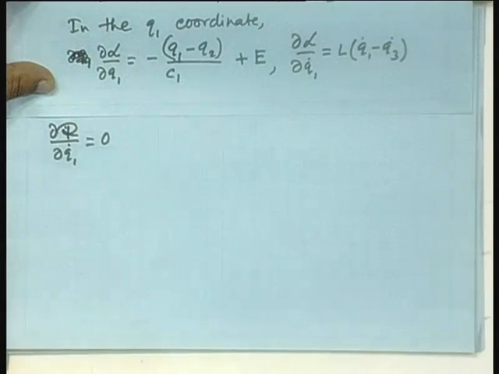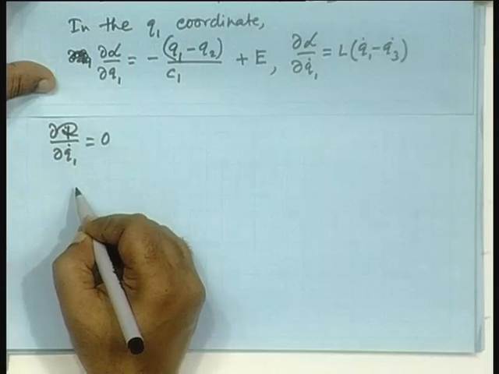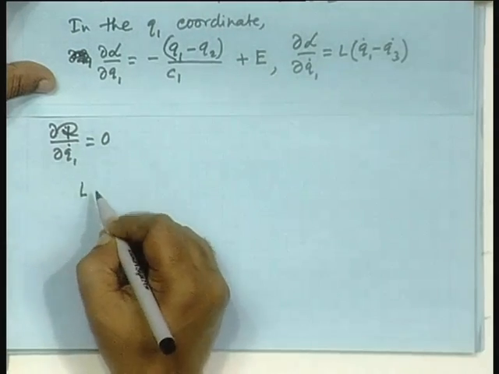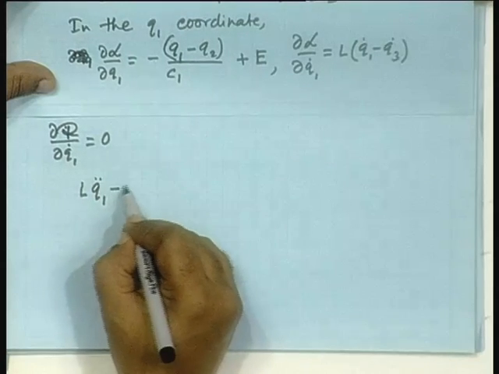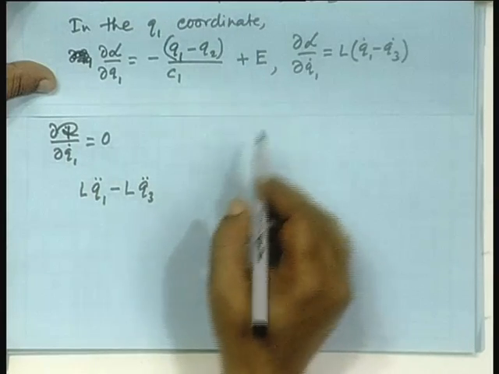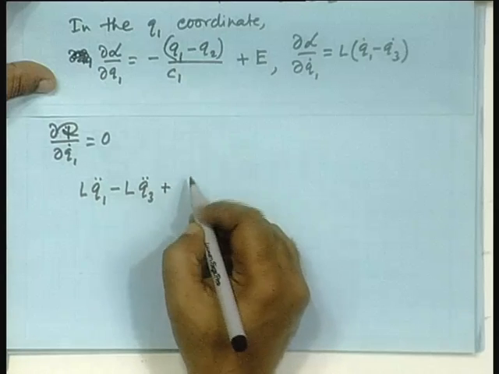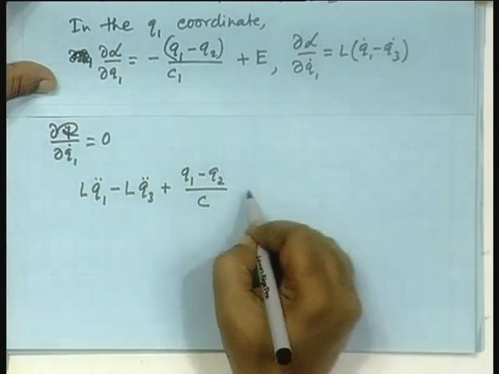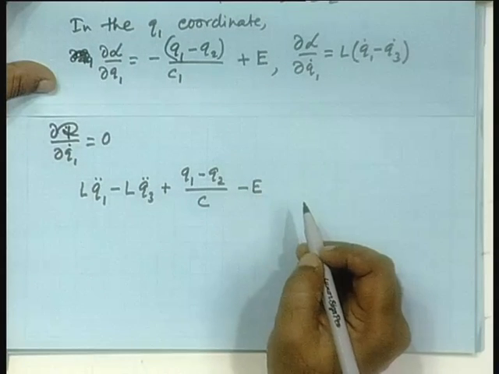So, now if you write the equation, the equation is d dt of this, which means L q1 double dot minus L q3 double dot, then negative of this one, q1 minus q2 by C minus E. Okay.